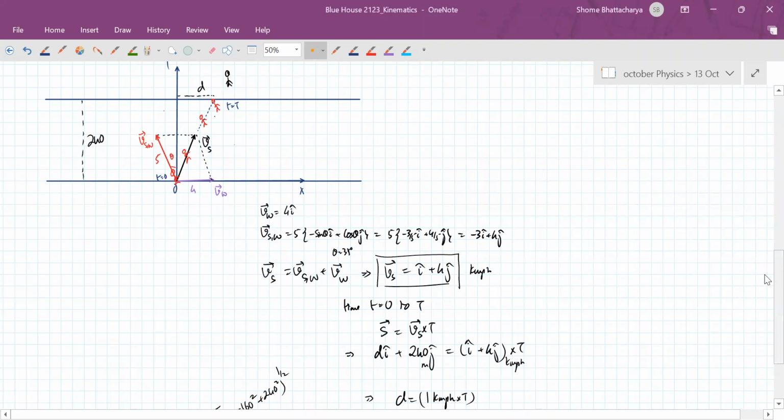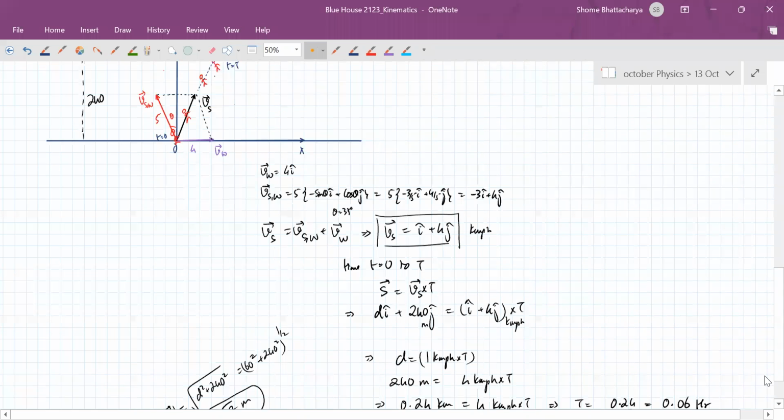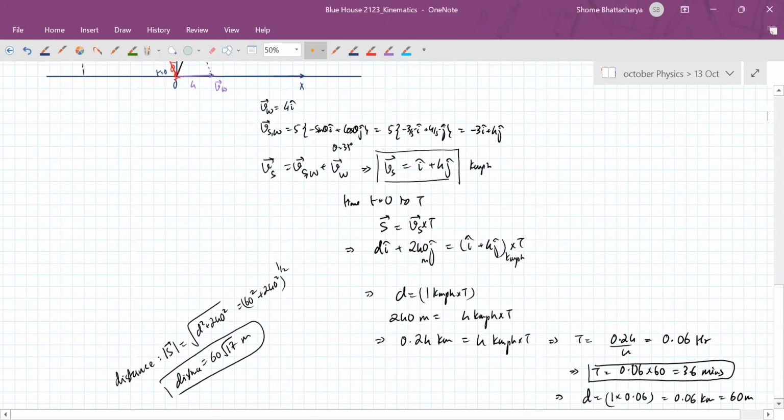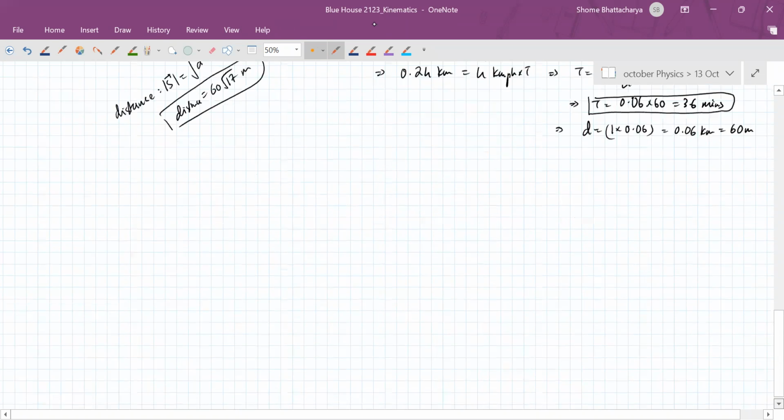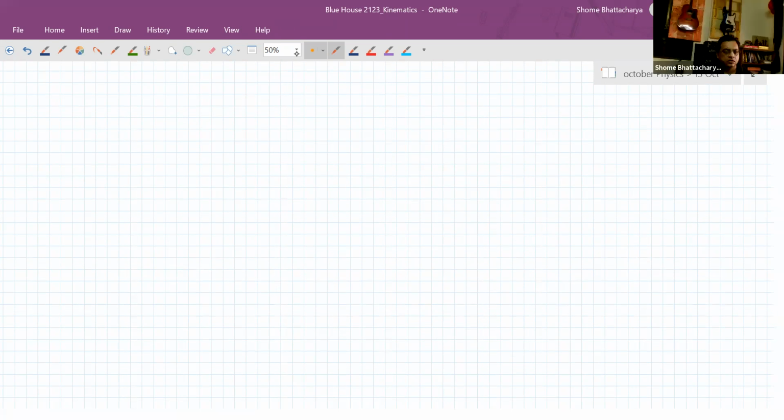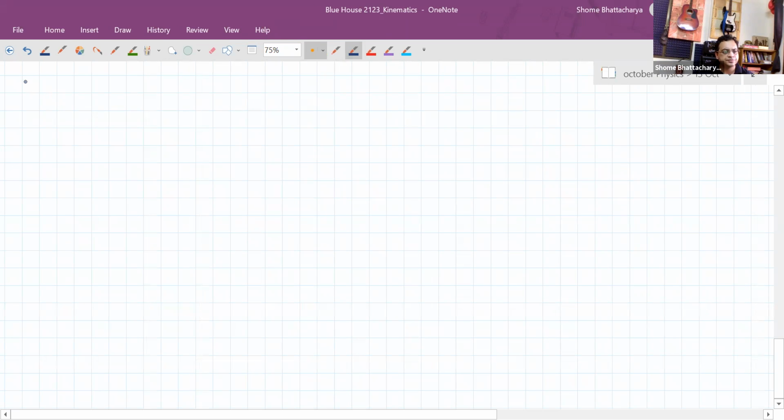Okay, let's move on to another type of situation where we use this concept. That's the very same concept, but in a different situation. You can have an example where you have an aeroplane, again moving with wind or breeze.